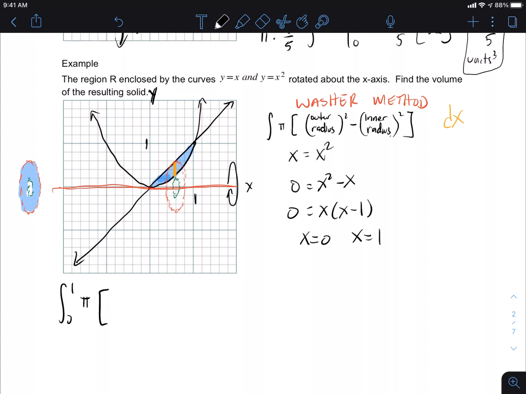So what is the outer function in this region? Correct. I barely heard you, Gerardo, but I heard you. So it's y equals x, right? So the outer radius is going to be x, and then squared, minus what is the inner radius? Or what is the inner function? Oh, x squared. It's x squared, but then that has to be squared. And because we are vertical slicing, it's dx.